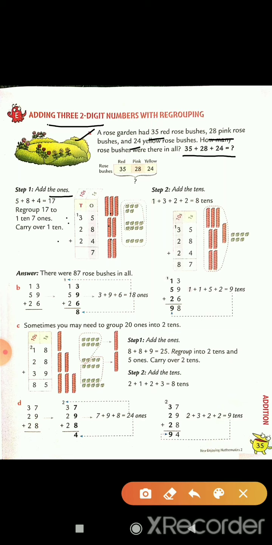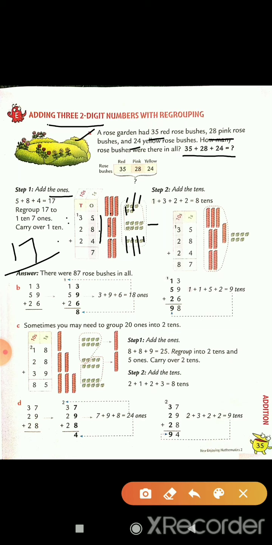So first we need to add the ones: 5, 8 and 4. Count them together. The bigger number is 8. So what comes after 8? 9, 10, 11, 12, 13, 14, 15, 16, 17. What is our answer? 17.